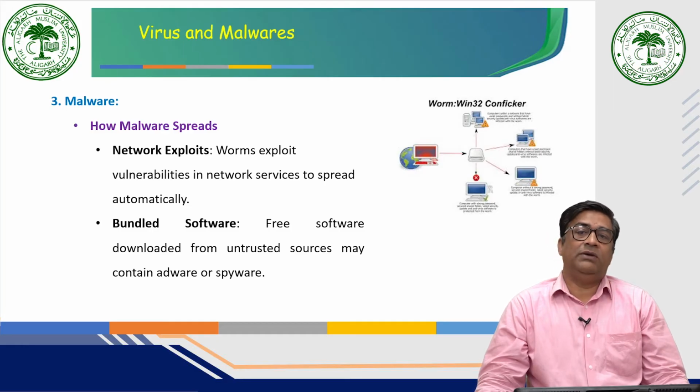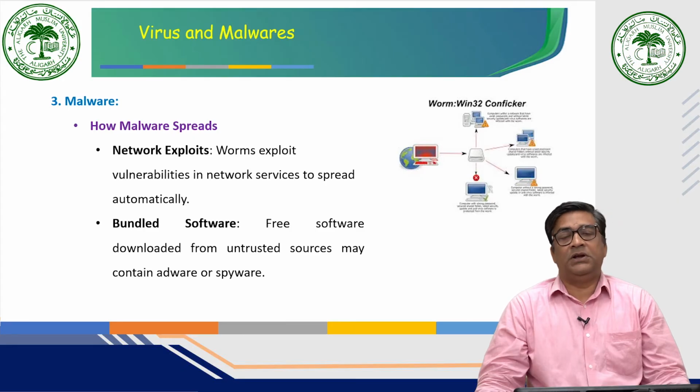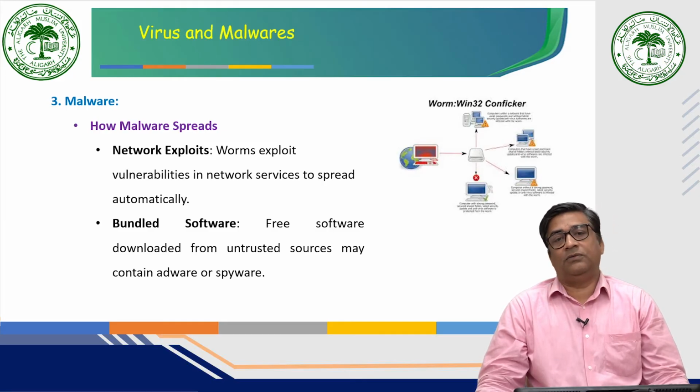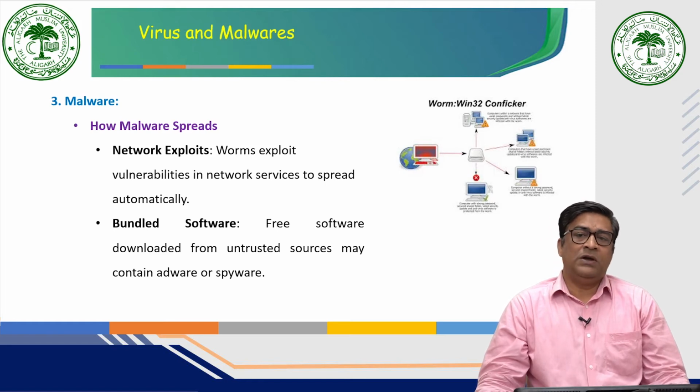Malware, particularly worms, can exploit vulnerabilities in network services so they can spread automatically across connected devices. Once a worm gains access to a single system through an unpatched vulnerability or misconfiguration, it can replicate itself and scan for other susceptible machines within the network.